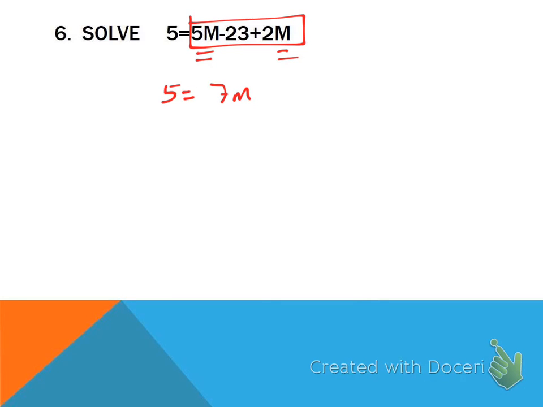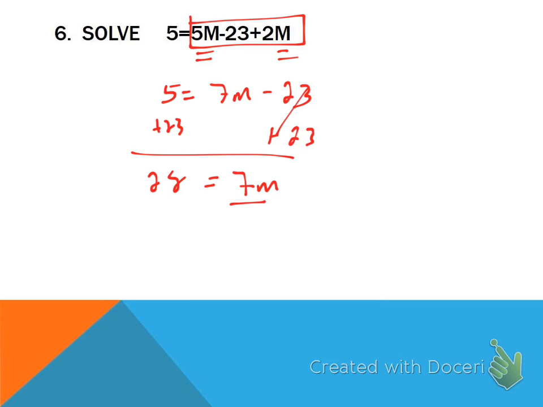Combine 5m and 2m and you get 7m. That's perfectly fine. Okay? And then we go through our process where we add 23 to both sides. And we get 7m equals 28. Divide both sides by 7. And m ends up being 4.